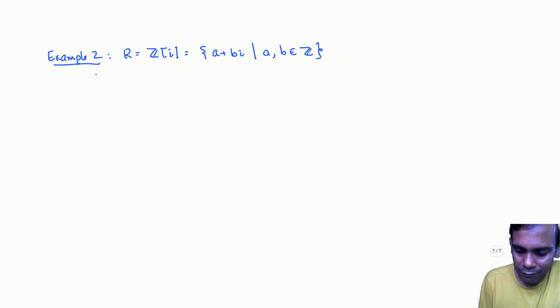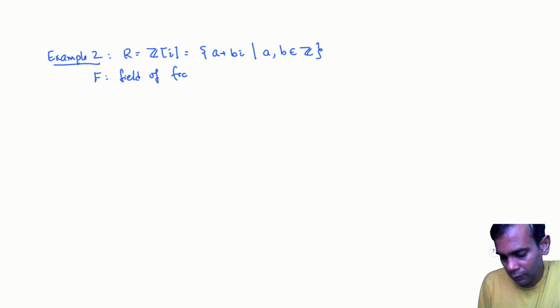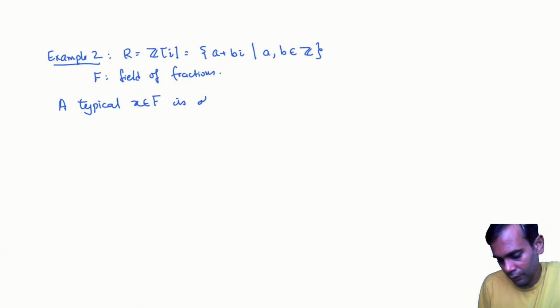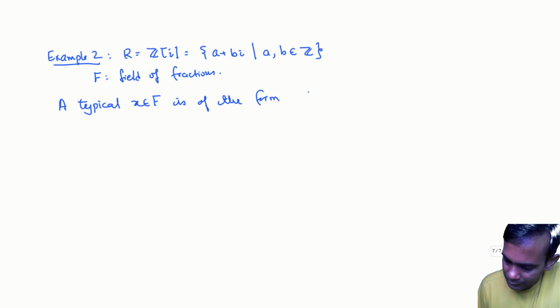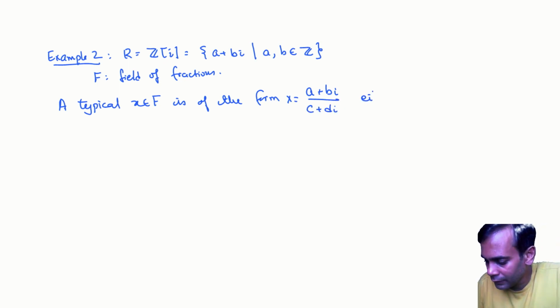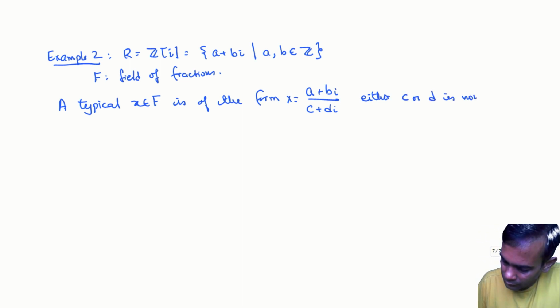So if F is the field of fractions, then a typical element we can write as (a plus bi) over (c plus di), where we assume that either c or d is non-zero.